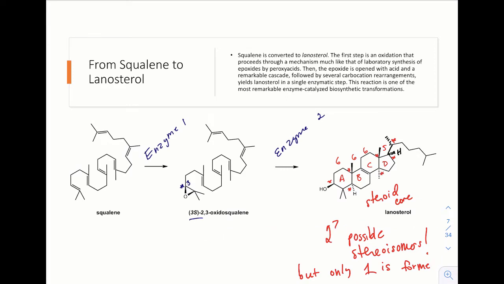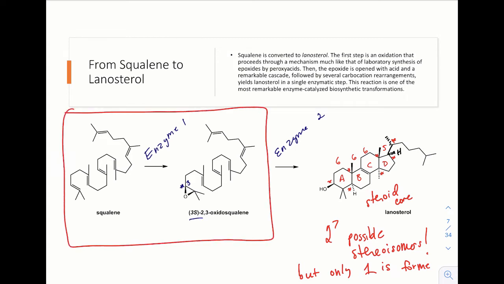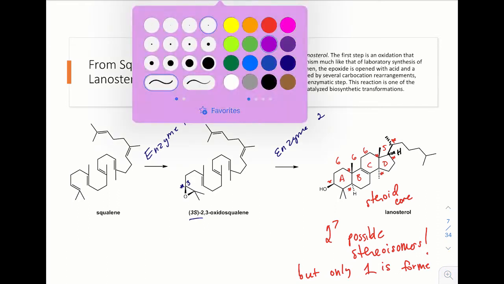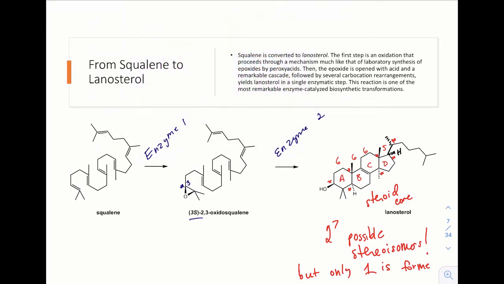Let's discuss now the first enzymatic step in the conversion of squalene to lanosterol, and that is the epoxidation of squalene. The enzyme that catalyzes this transformation is called squalene epoxidase. Of course, with this ase ending, I know that this is an enzyme.